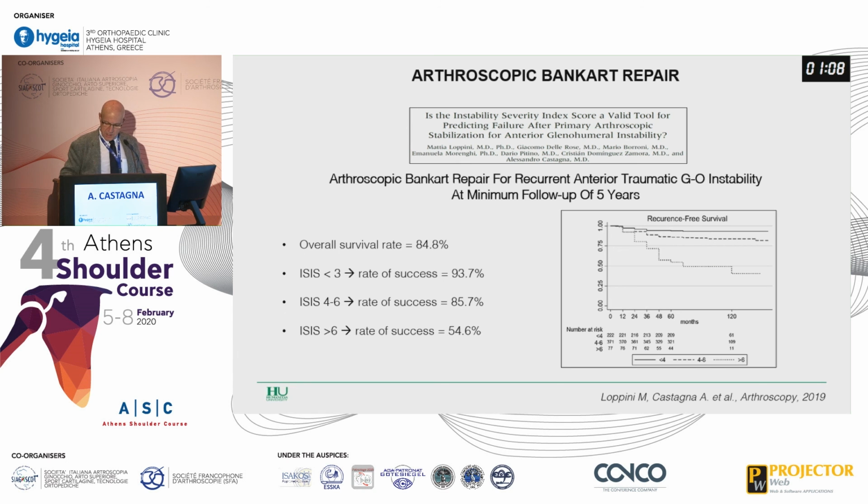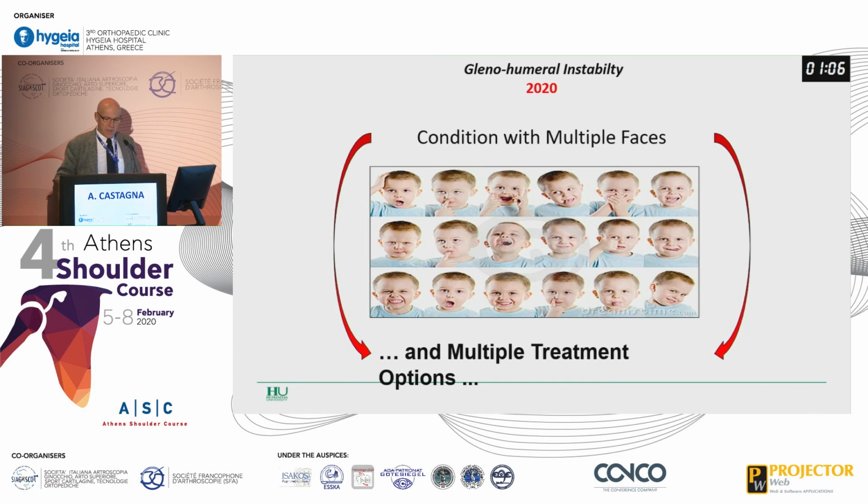And my wrap-up is exactly this. When we are facing the glenohumeral instability in 2020, we must understand that instability is something that is not very stable. However, this instability is the same phase, the glenoid, the humerus, and the anatomy, but with different aspects.